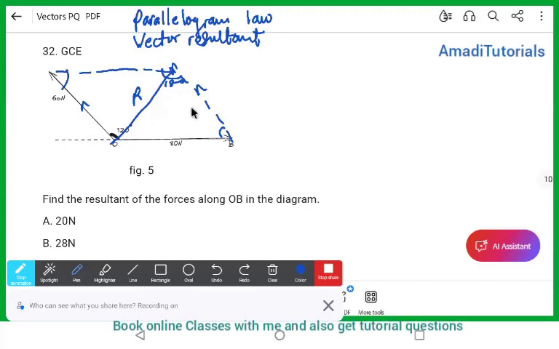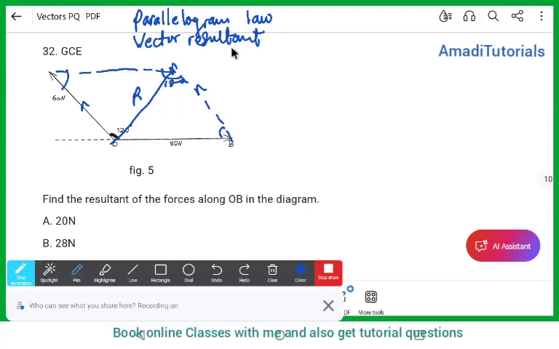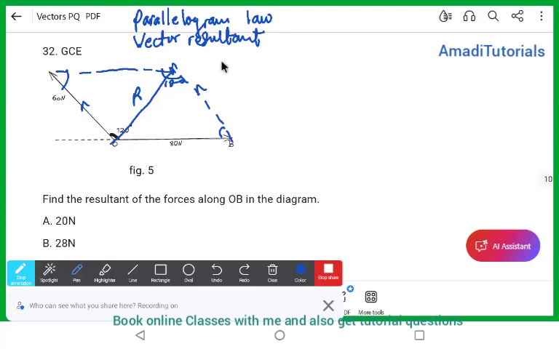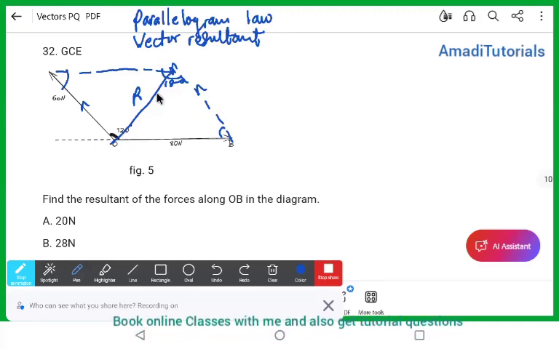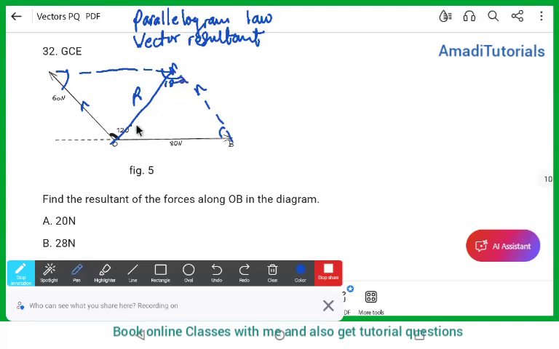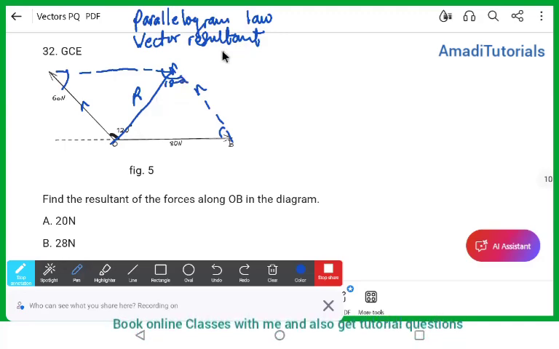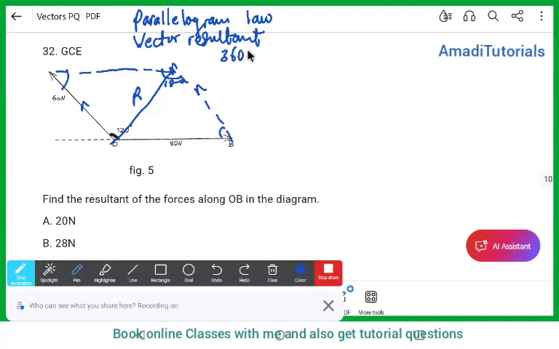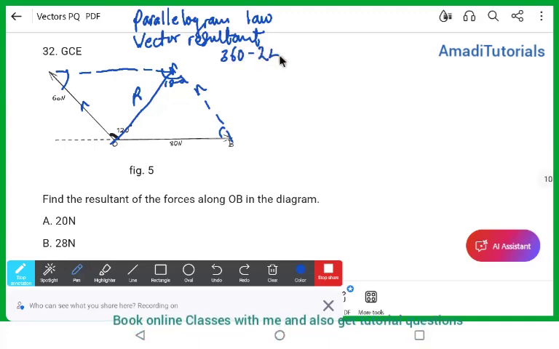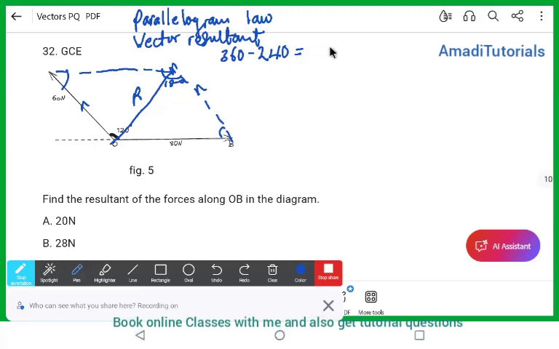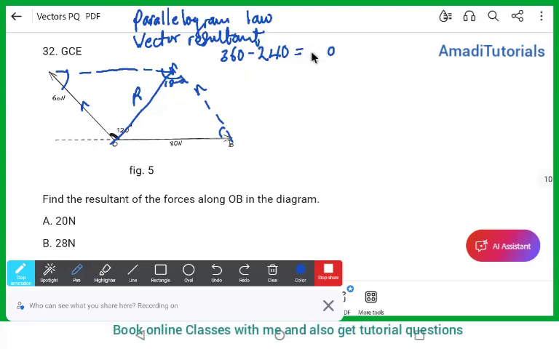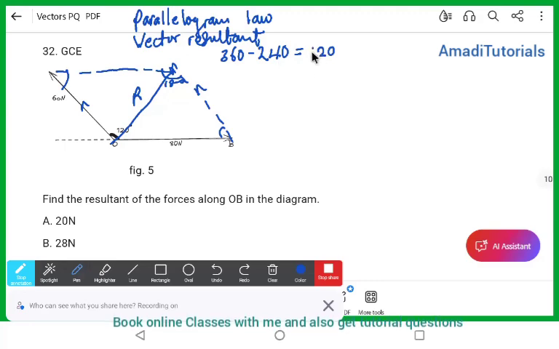The sum of the interior angles of a parallelogram is 360. Here is 120, here is 120. 120 plus 120 is 240. So we do 360 minus 240, which is 120.